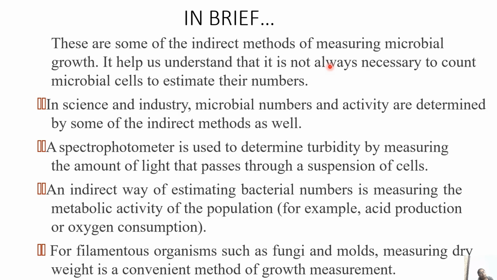A spectrophotometer is used to determine turbidity by measuring the amount of light that passes through a suspension of cells. And an indirect method of estimating bacterial numbers is measuring the metabolic activity of the population. For filamentous organisms such as fungi and molds, measuring dry weight is a convenient method of growth measurement.